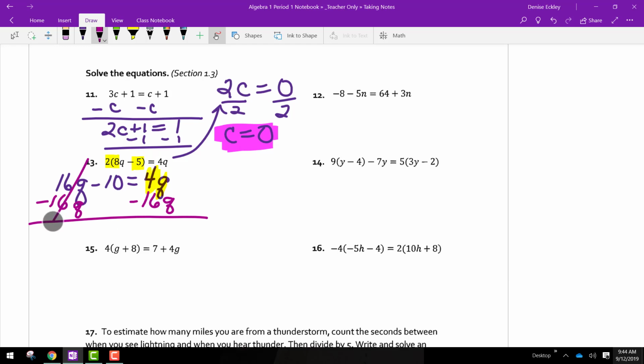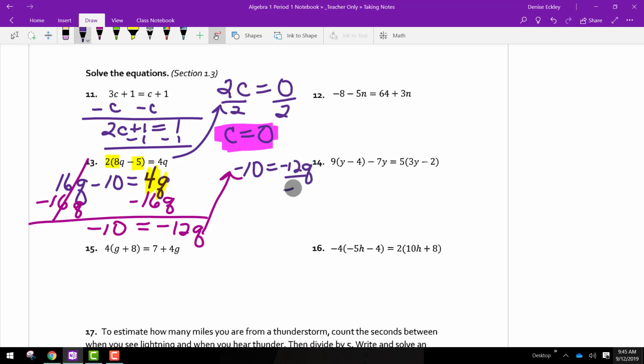So those will cancel. Remember to bring down the negative with the 10. So I have negative 10 equals 4q minus 16q, which is negative 12q. So I'll rewrite that. So I have negative 10 equals negative 12q.